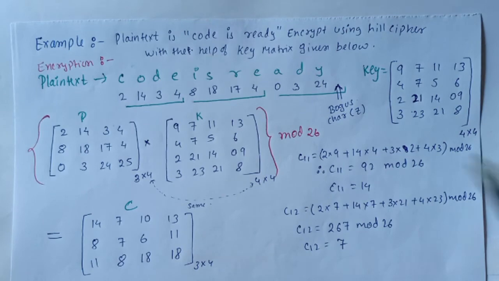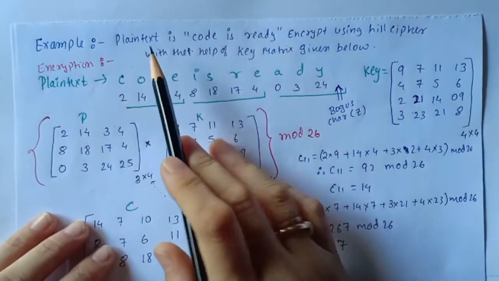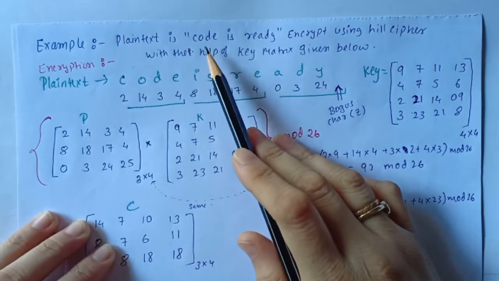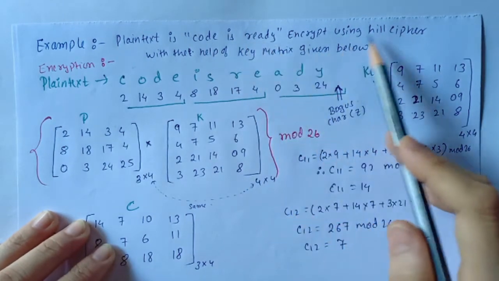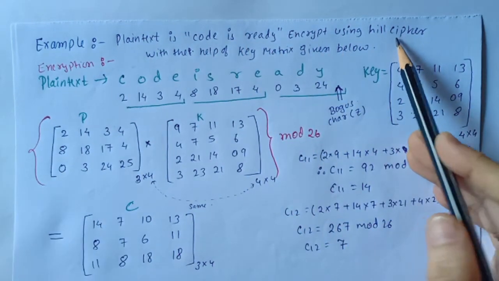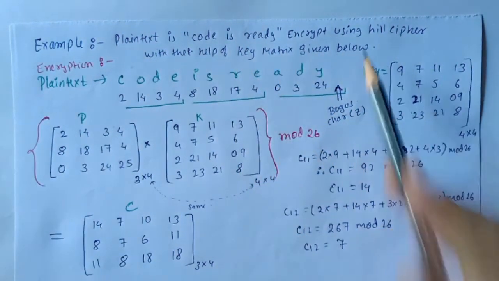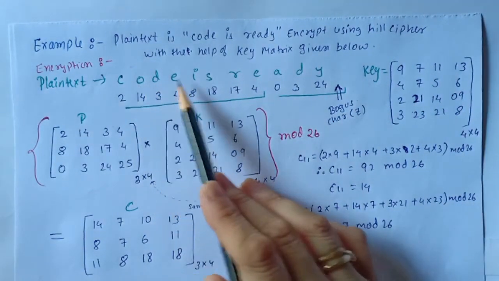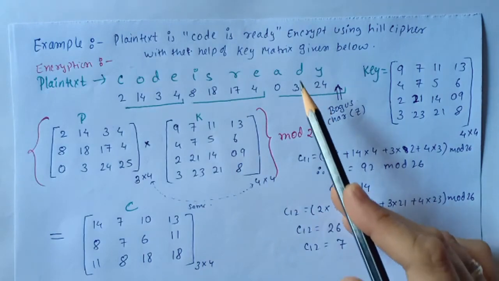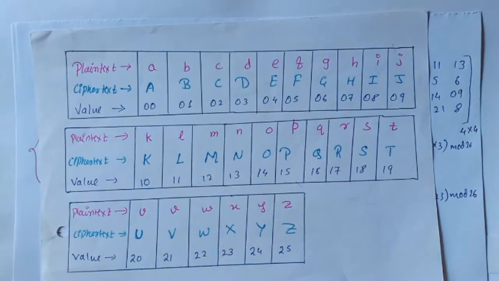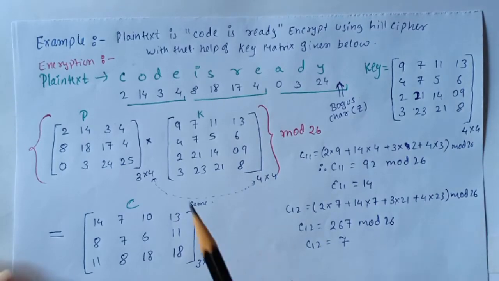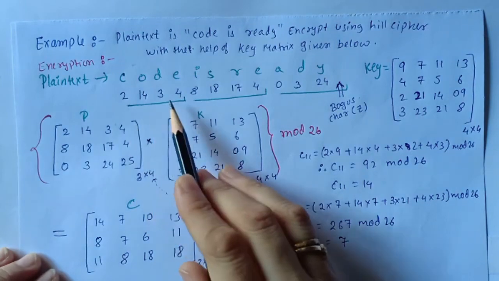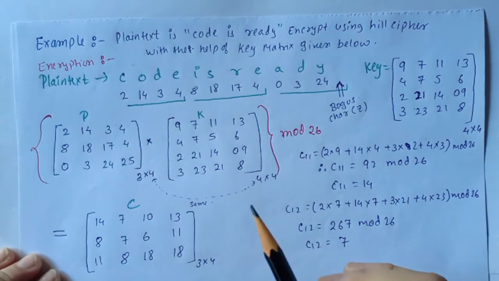Let us understand using an example. So here the plain text is given as code is ready, and we encrypt it using Hill cipher with the help of a key matrix. This is our key matrix. We will convert code is ready into values using this table. Now we will arrange this plain text in blocks.